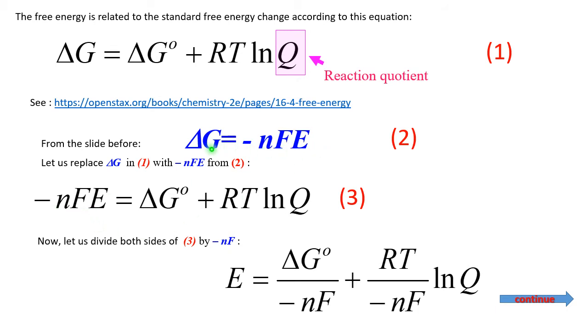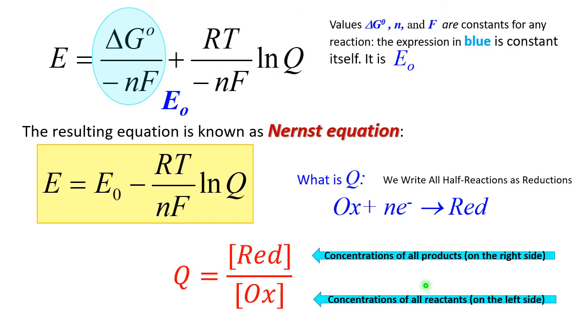So just plugging in this number, we have minus NFE equals delta G0 plus RT ln Q. Now dividing this whole expression by NF, we have E equals delta G0 divided by minus NF and RT divided by minus NF ln Q.